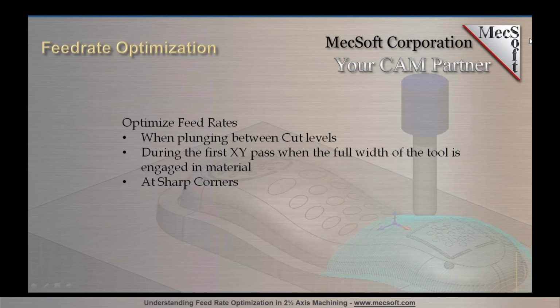And those are a couple of examples where you might want to optimize the feed rate. And a third one is at sharp corners, where you might want to decelerate and accelerate as you're approaching sharp corners. And we will go ahead and demonstrate this as well. So again, this is all about feed rate optimization in your 2.5 axis machining.